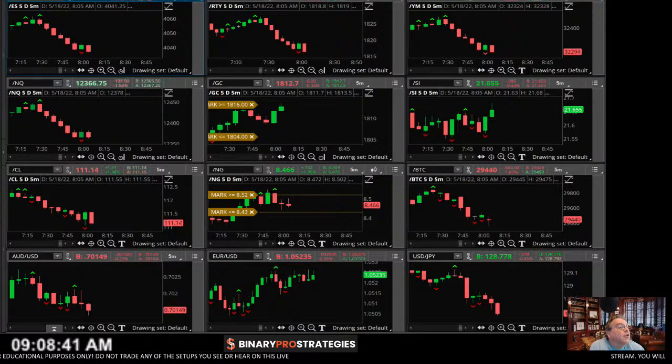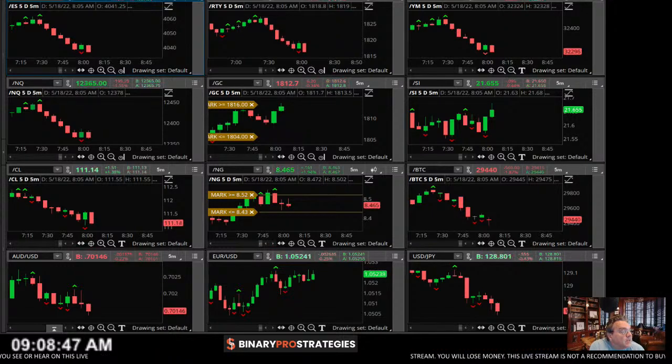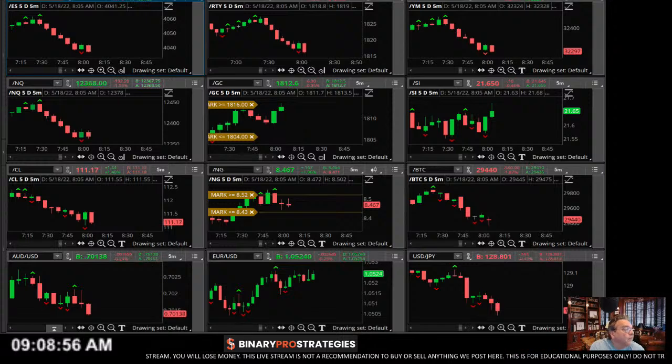Looks like we're going to get a lower opening this morning on the Dow Jones. That's going to put some pressure on our gold. Still short gold. Tight reversal at 1816 if we need to reverse. Still looking for a target of 1804 on the gold.